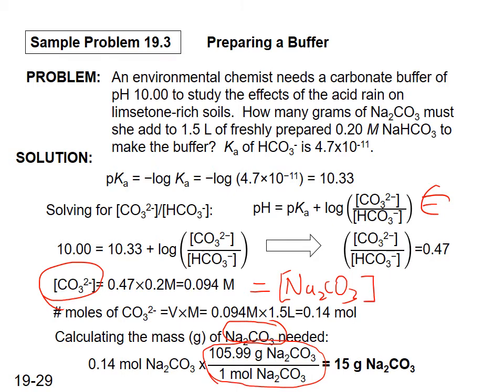One carbonate forms one sodium carbonate, so they have equal molarity, and therefore the number of moles of carbonate, which is 0.14, also equals the number of moles of sodium carbonate. So using this number of moles of sodium carbonate, you multiply by the sodium carbonate molar mass, and this gives you grams of sodium carbonate.